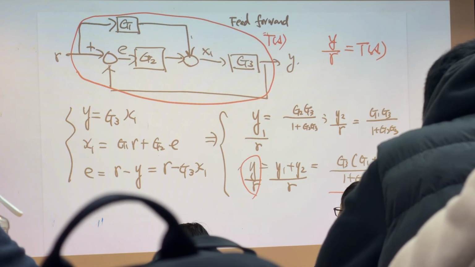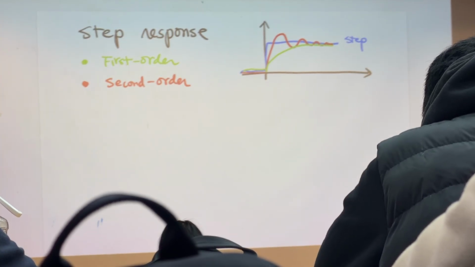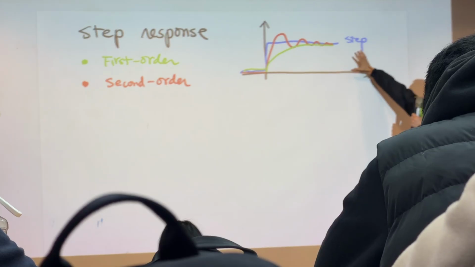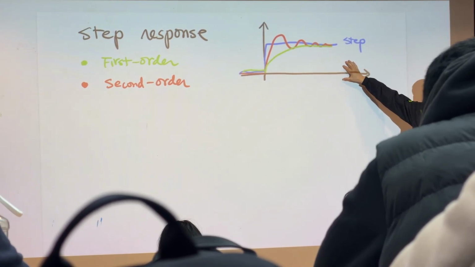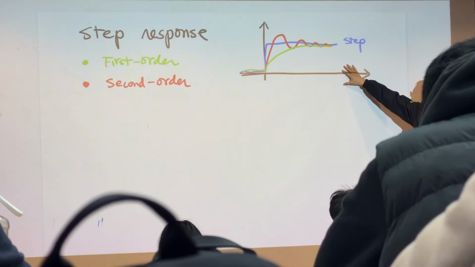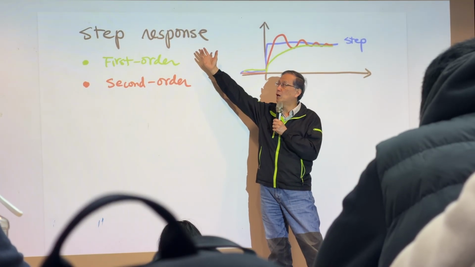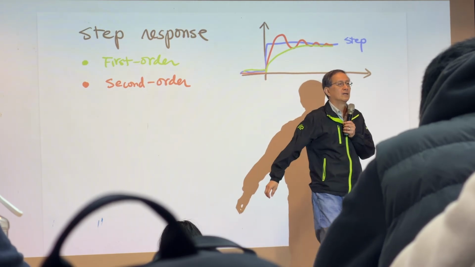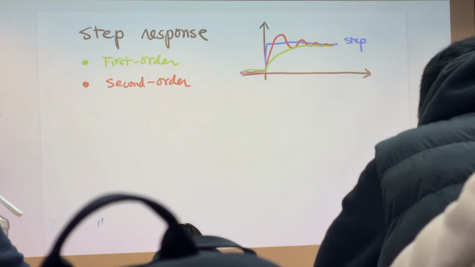So let me explain. Let's say in control. Remember last time I showed you this, right? In control, we always want to have a step response. Why? Do you know why we always want to have a step response?